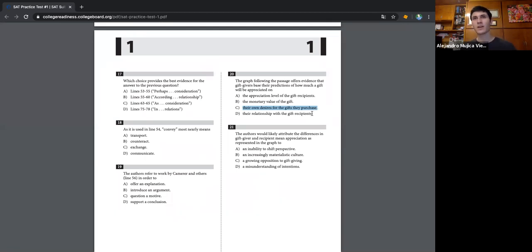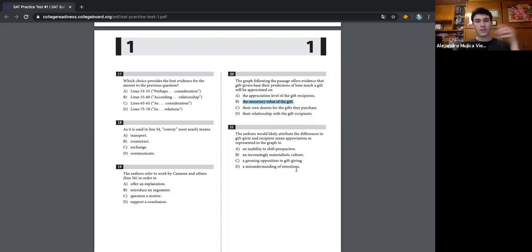And the relationship with the gift recipients, we don't really see any mention of that. Even though we do see that they want to strengthen the relationship, they're not basing the appreciation on the strength of the relationship already, right? It's the other way around. It's depending on how much they appreciate, they will strengthen the relationship more. That's it. So this one is the right answer.